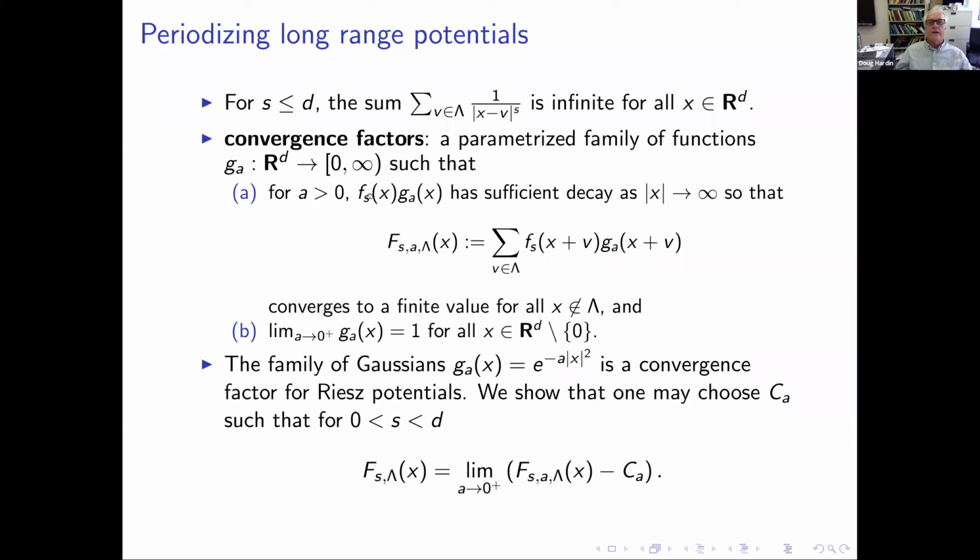The idea is that you multiply your given potential, which is decaying too slowly, by a G sub A, and G sub A needs to be such that this product now does have sufficient decay for any A bigger than 0.